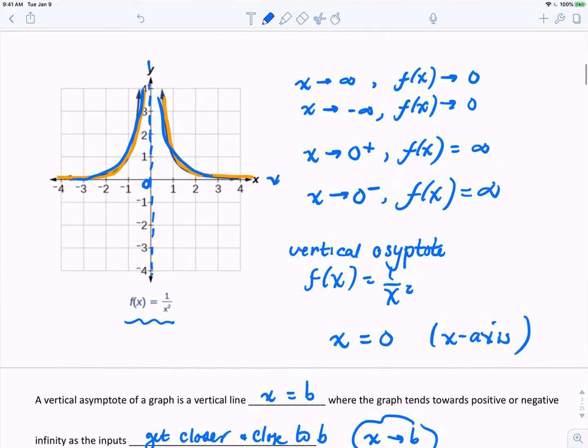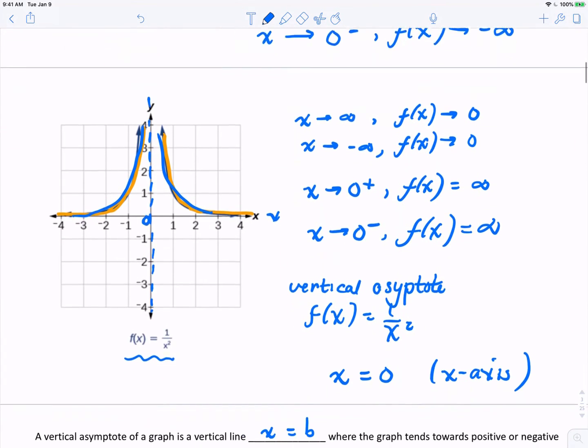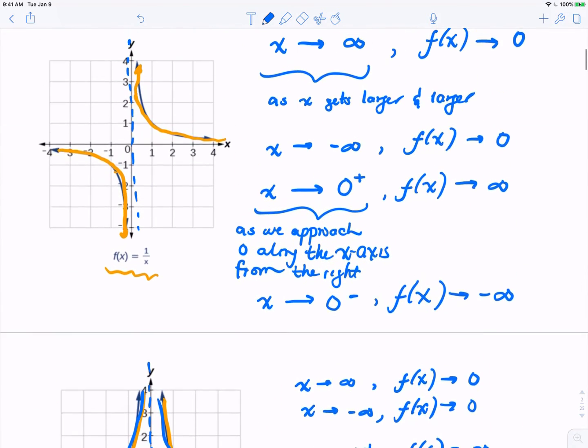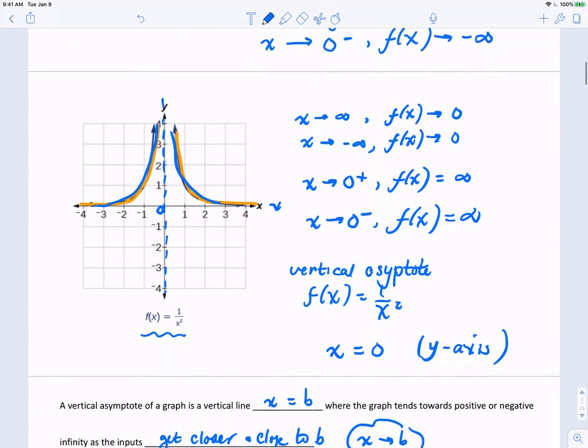Notice in our first example, the y-axis, let me change that over here so your notes are not confusing. In our first example, the y-axis is also a vertical asymptote because as the function approaches 0, the y-axis, we are going to infinity or negative infinity.